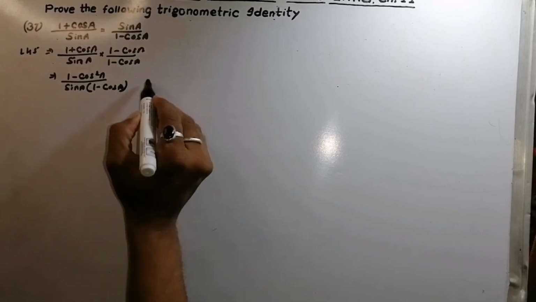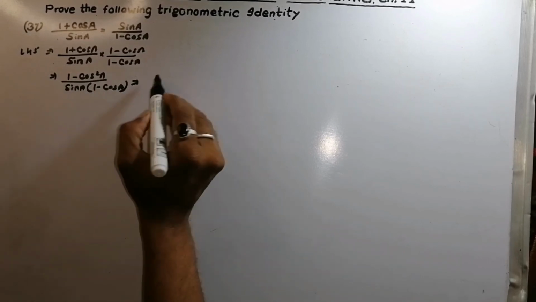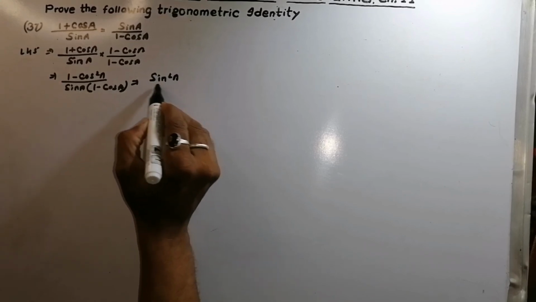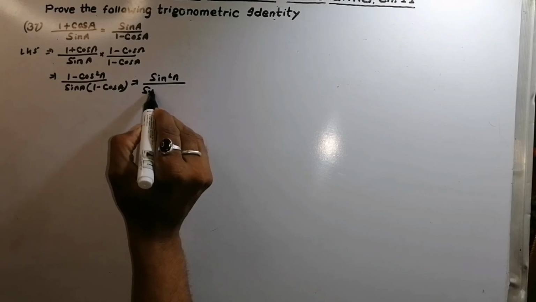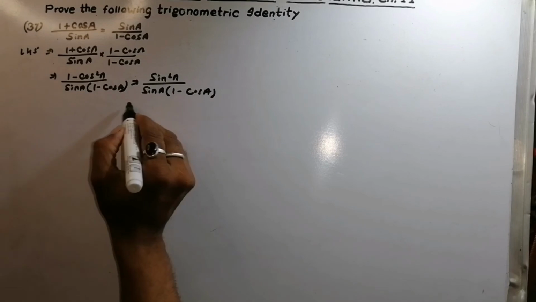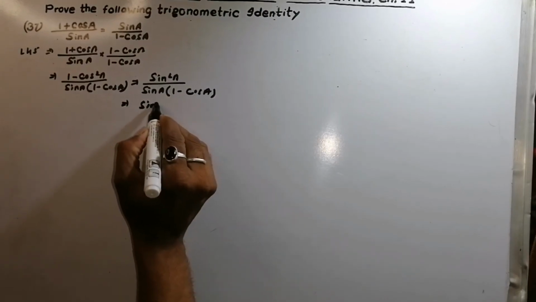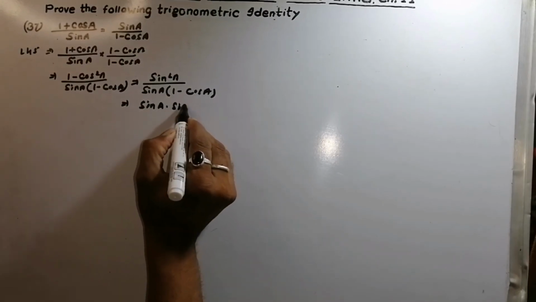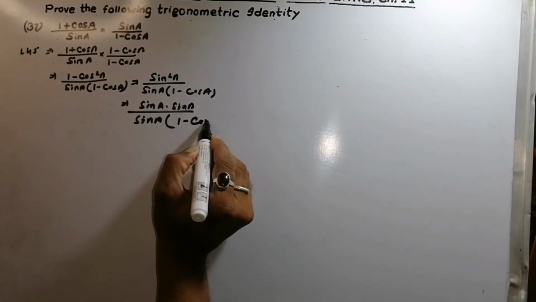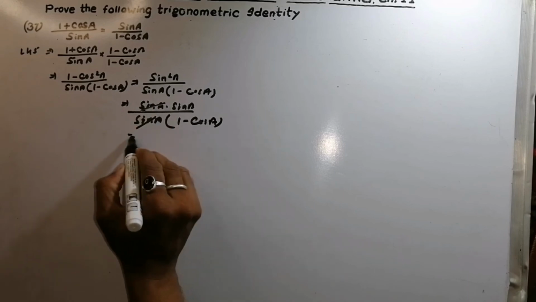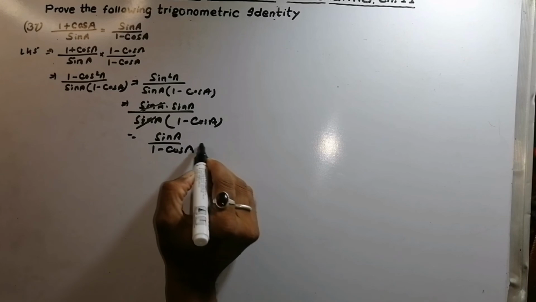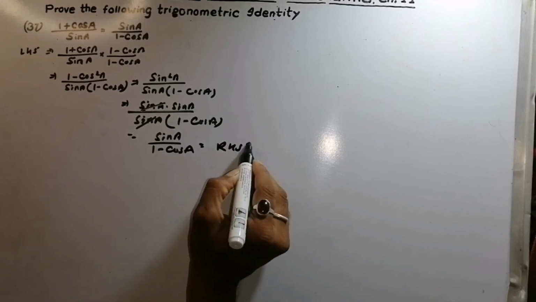We know that 1 minus cos square a means sin square a, upon sin a into 1 minus cos a. Sin square a we can write sin a into sin a, and sin a divided by sin a, it is equal to sin a upon 1 minus cos a, which is equal to the right hand side.